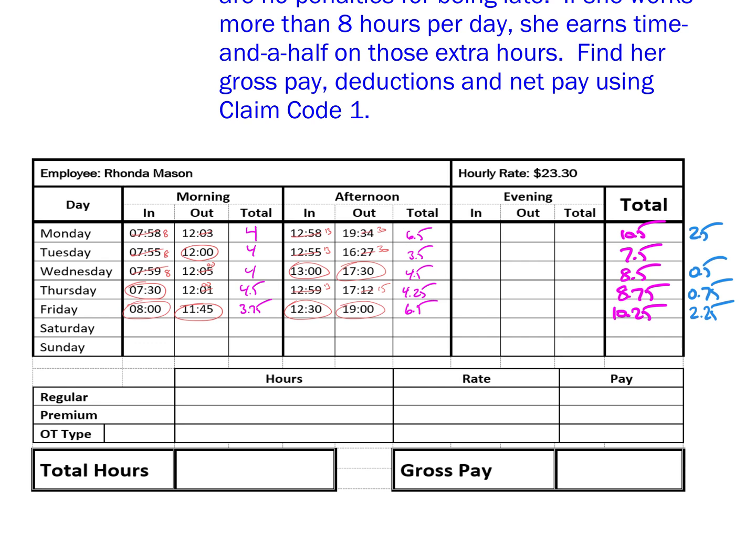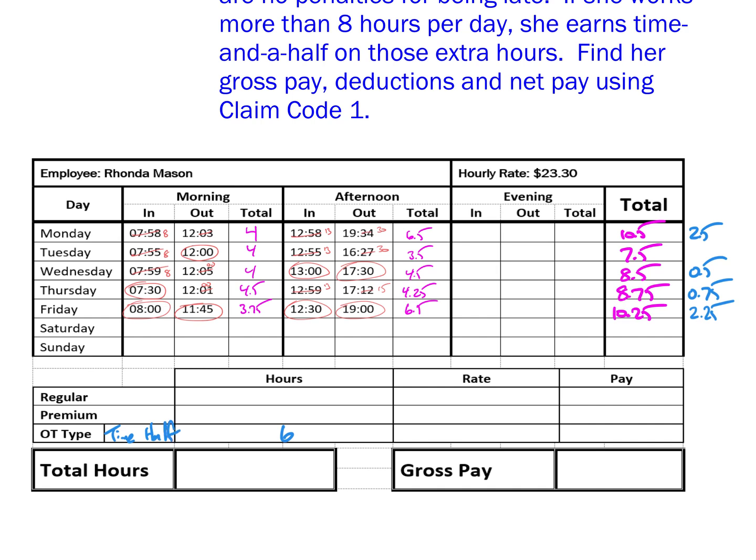For the hours, what we'll do is we'll go ahead and add them up together. So 2.5, 3, this is also 3. So that makes 6 overtime hours. And this is time and a half.